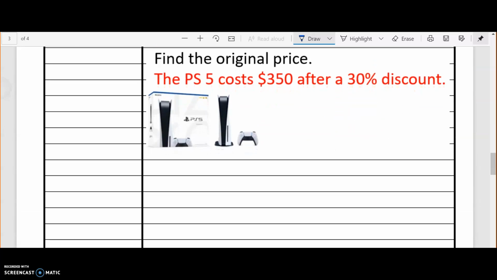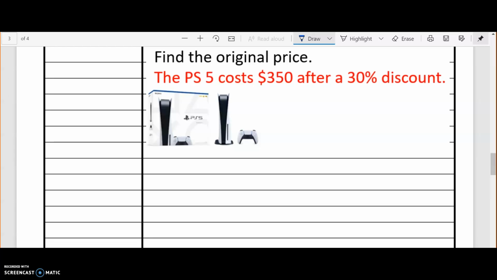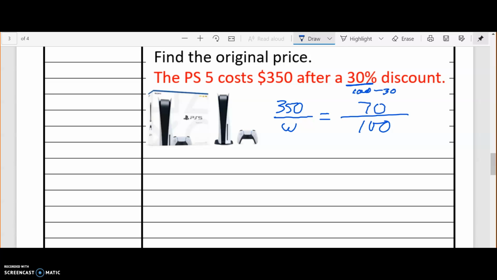Ah, the PS5. So the PS5 costs $350 after a 30% discount. So we're looking for the original price. So this time, the original price, that's going to be on the bottom. The sale price is the $350. And the discount, 30%, 100 minus 30, that gives me 70.